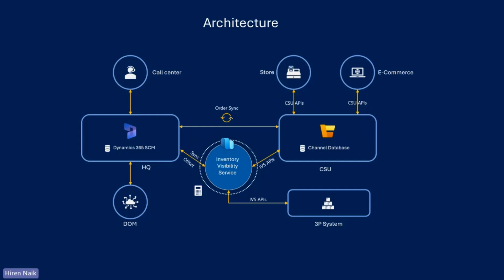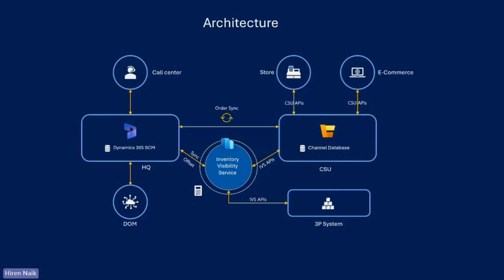So all of this process flow is built in with this solution. Apart from that, you can have multiple channels of orders as well, not just from CSU, e-commerce, or POS. You might have a third-party application which you can directly integrate with inventory visibility service and also update and get the inventory on hand directly from it. Or you might have a call center directly integrated with your back office, and you might be getting orders from there.